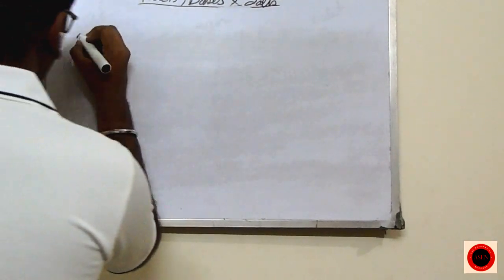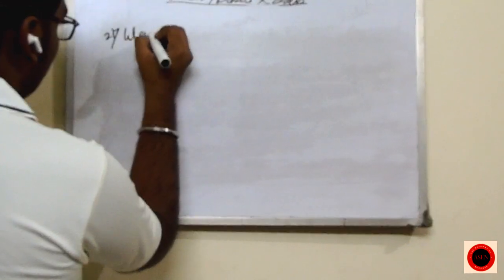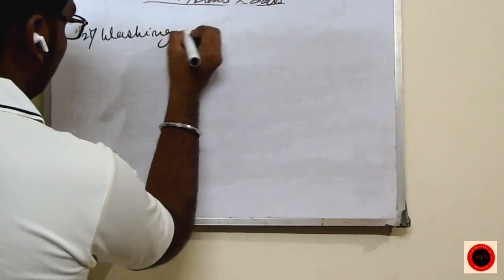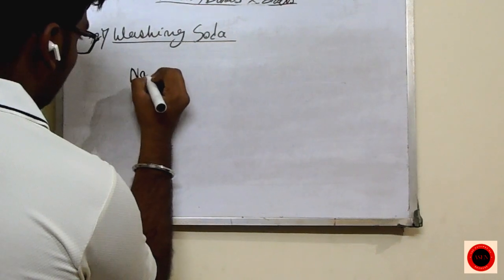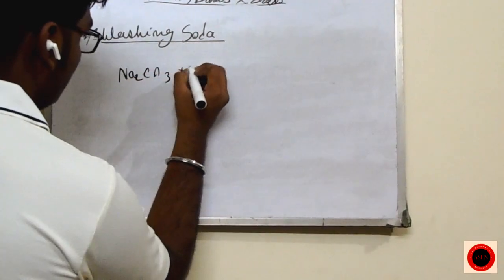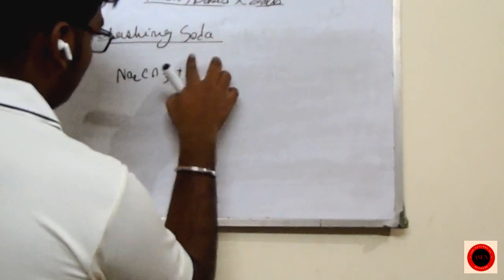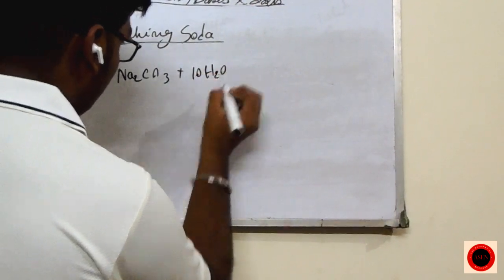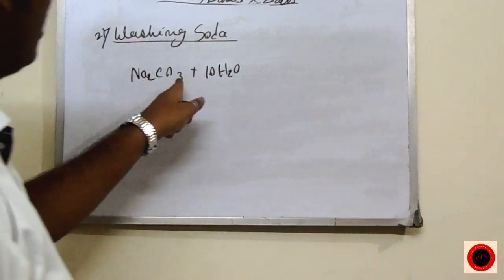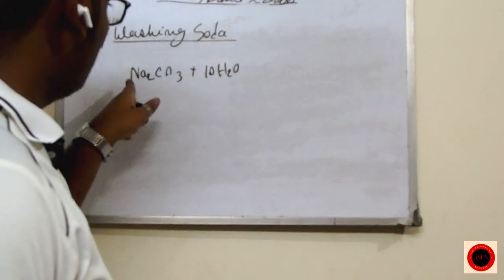Now the washing soda. Na2CO3 plus 10H2O. It is very simple. Sodium carbonate plus water molecules.